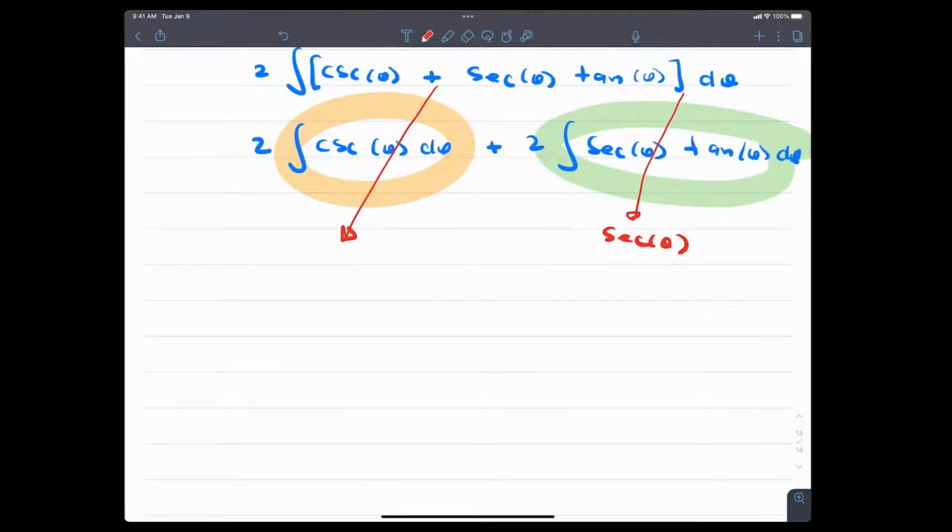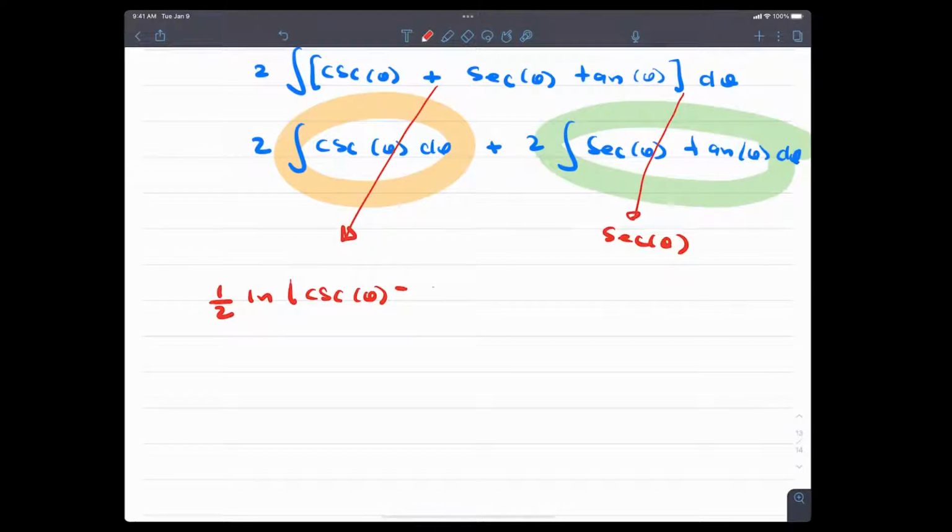So what's this integral going to be? Do you guys remember this one? What is it? One-half natural log. What was it? Cosecant minus cotangent? Double check. One-half natural log absolute value of the cosecant plus cotangent or cosecant minus cotangent?